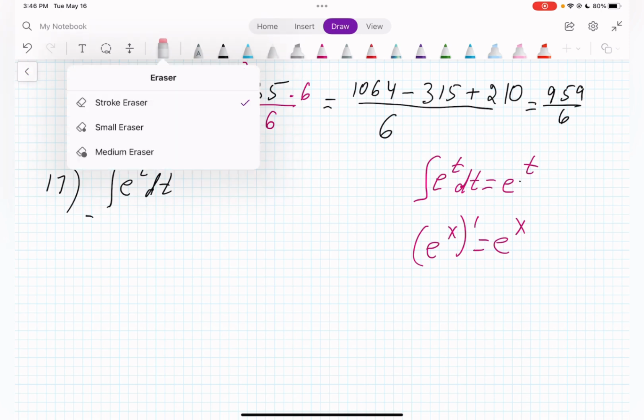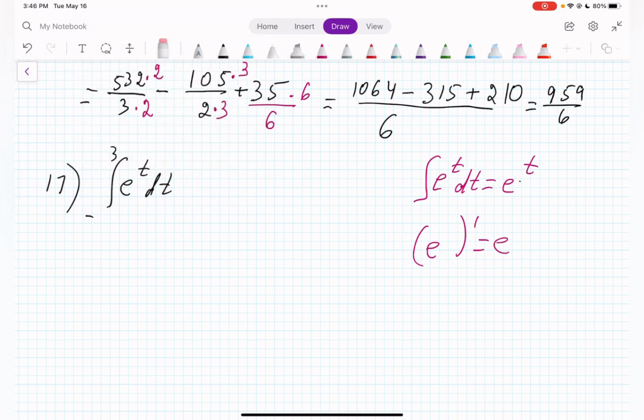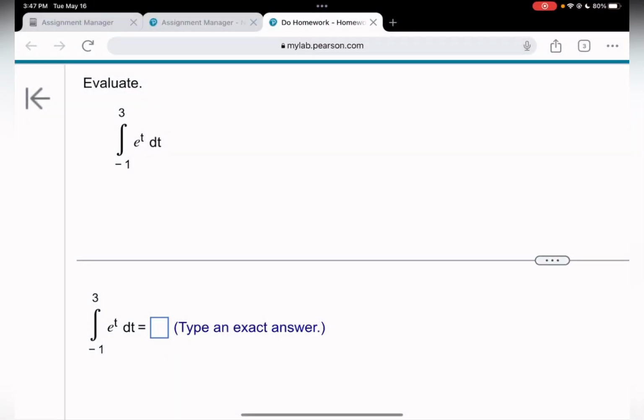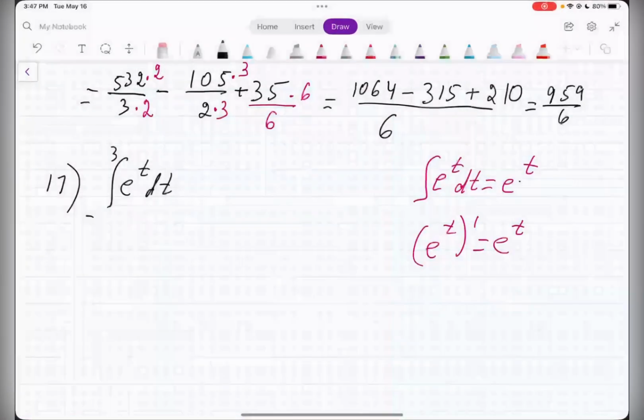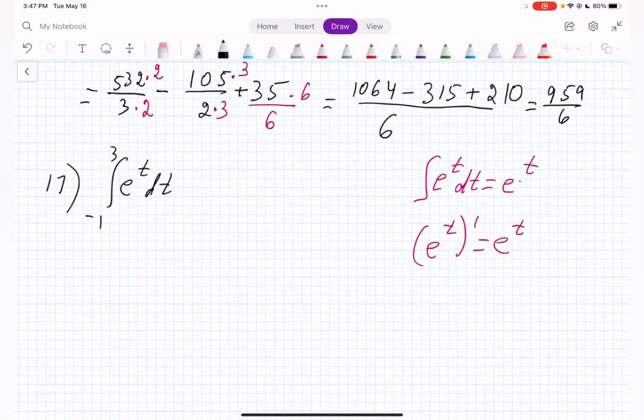Well, I can put here t, doesn't matter. That will help you. Okay? So let's work. It's going to be here from, was it -1? Let me double check. Yes, -1. And practically we are getting e to power t from -1 to 3.